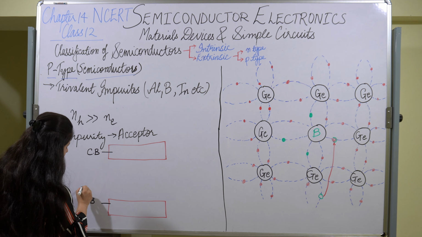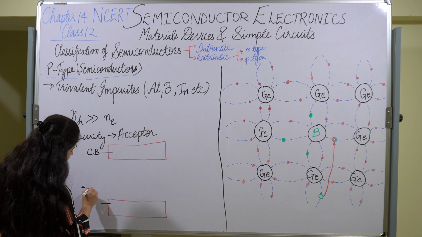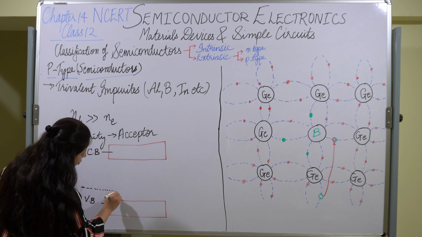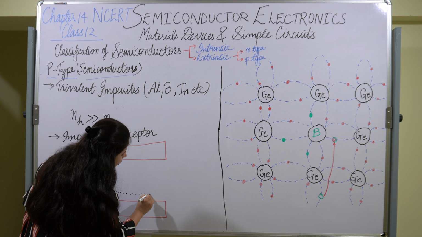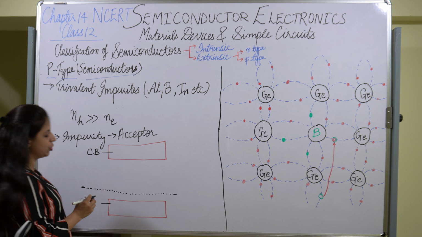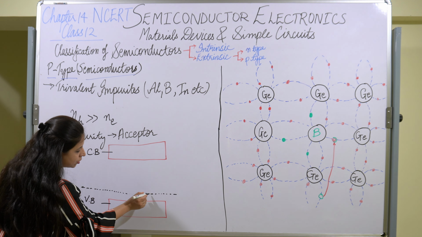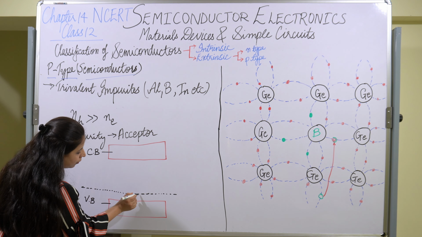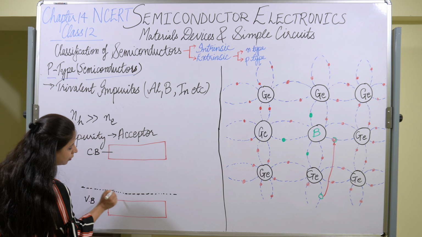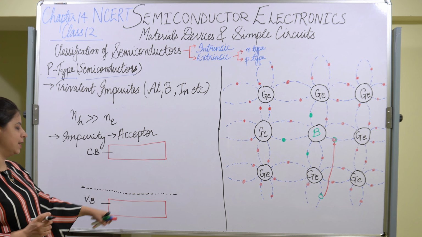The acceptor energy level will be just above the valence band.